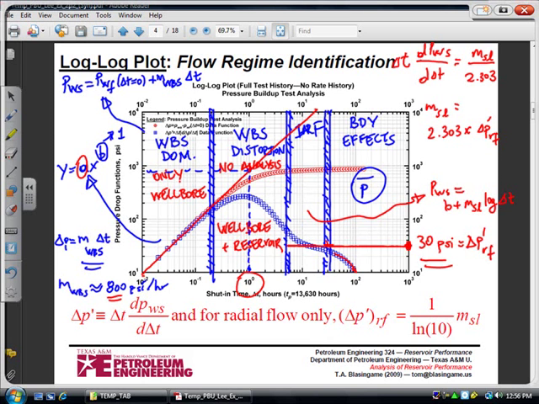And from now on, in all of the things you will do, you have to show this. You have to show the work I did. You have to show the flow regimes, you have to show the poles here, and you have to identify the flow regimes and write down what is wellbore storage domination, where is boundary effects, and where is the radial flow.